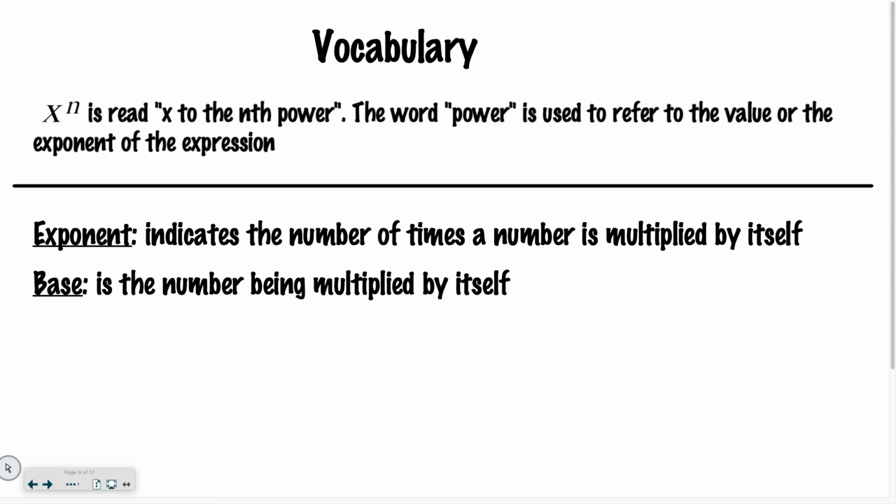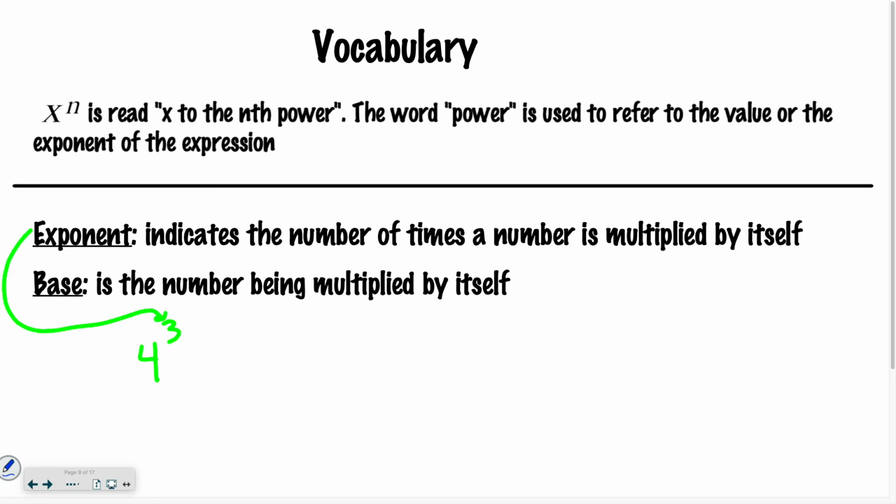X to the n is read x to the nth power. The word power is used to refer to the exponent of the expression. So let's just remember that an exponent indicates the number of times a number is multiplied by itself. So if I have, let's say, 4 to the 3rd power, my exponent is the 3.